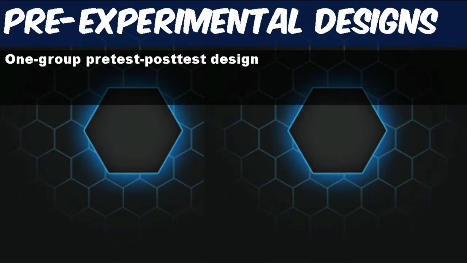Another pre-experimental design, we call it the one group pre-test post-test design. So what's added here is the pre-test part. It's just the same as the previous design, but we are actually adding an element, the element of a pre-test.